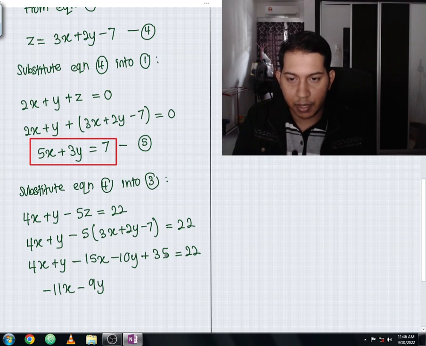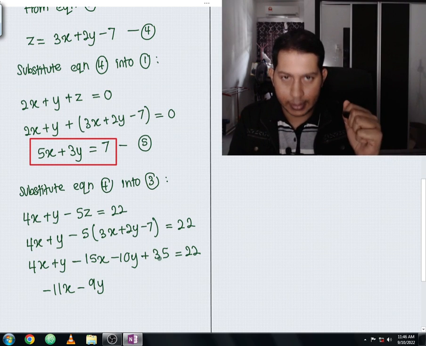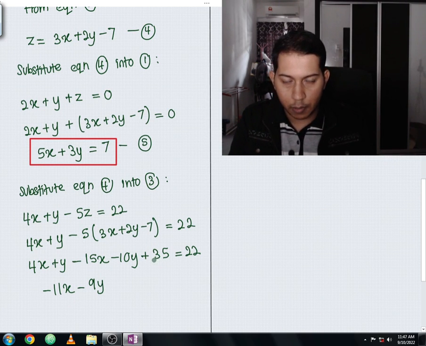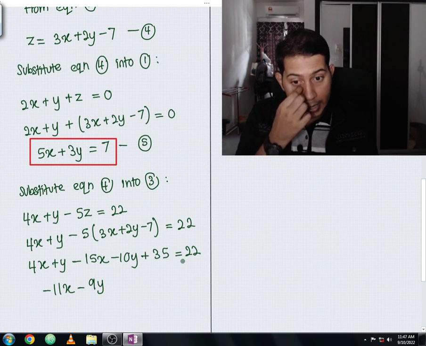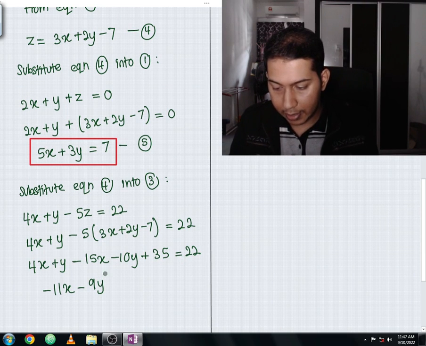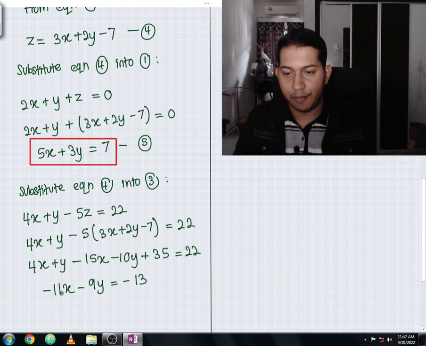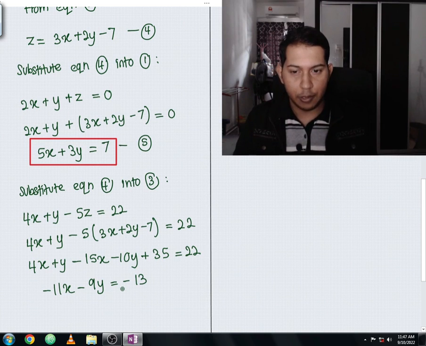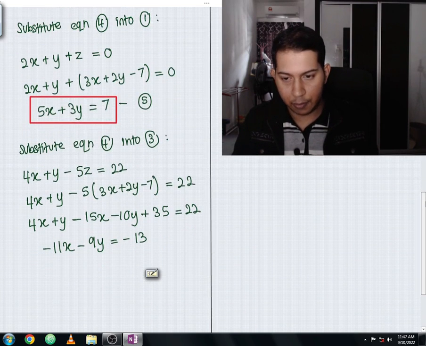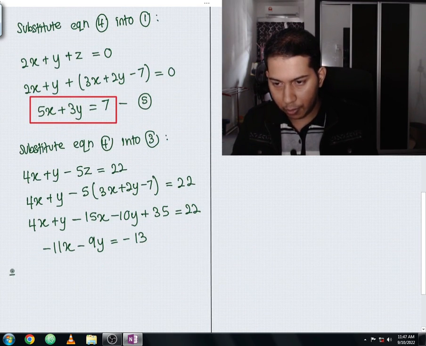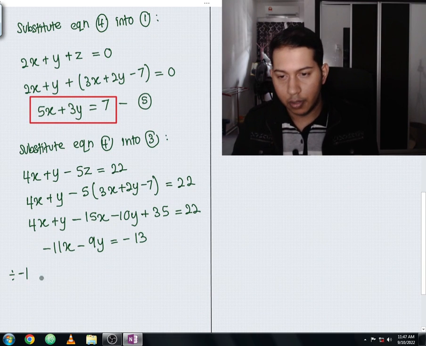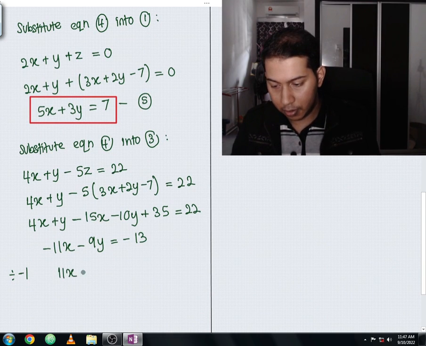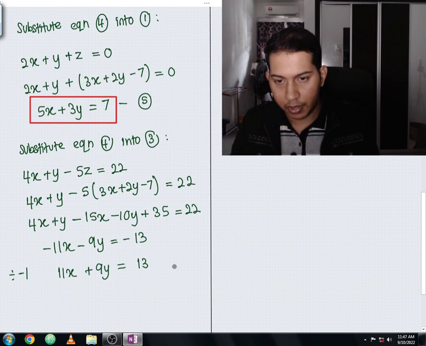This number, move it over to the right hand side, so it will become negative. 22 minus 35, you get negative 13. You have all negative here, so to simplify the equation, you divide the whole equation by negative 1. From here you get 11x plus 9y equals 13. This is your sixth equation.